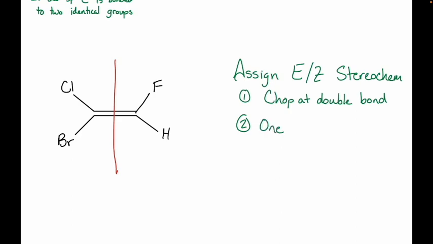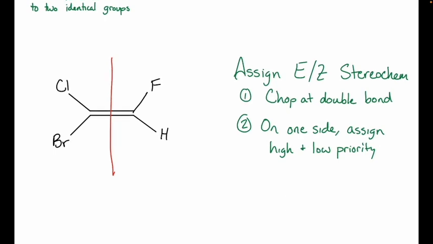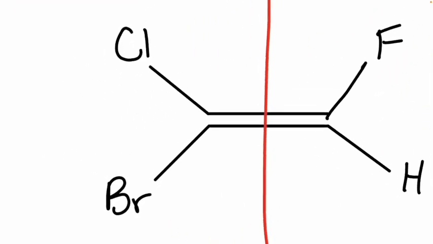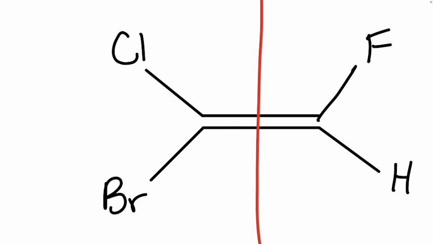Go to one side, assign high and low priority, exactly like we did with our chiral groups here, okay? We're going to jump to one side of this double bond. You're going to do this one side at a time. I'm not looking at all four groups. I'm looking only on one side of that double bond. That's why step one is to chop.